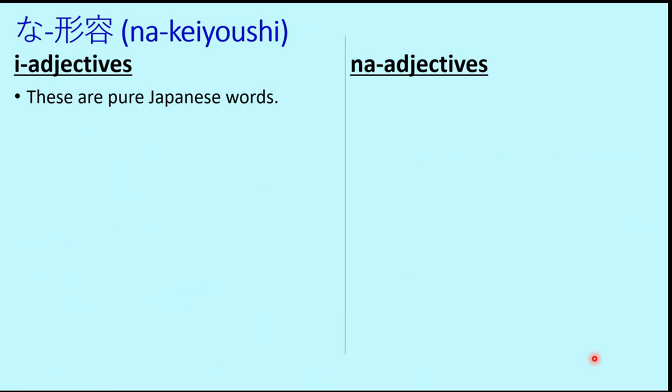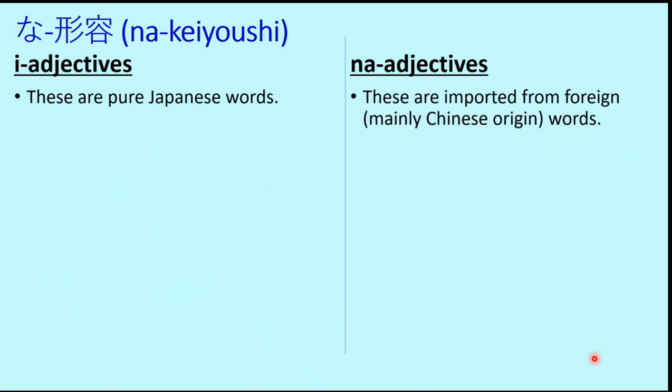These are words of Japanese origin, and these have not been imported from any Chinese word. So all the i-adjectives that we have discussed so far are pure Japanese words. Whereas the na-adjectives, which we are going to learn today, are imported from foreign words, mostly words of Chinese origin.